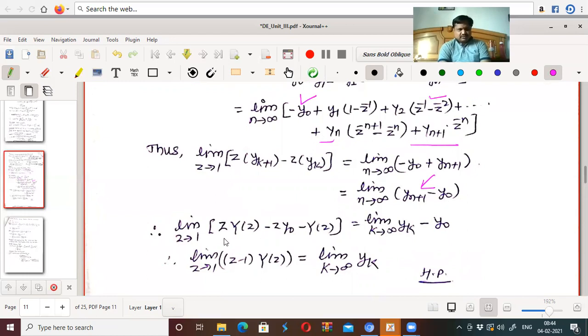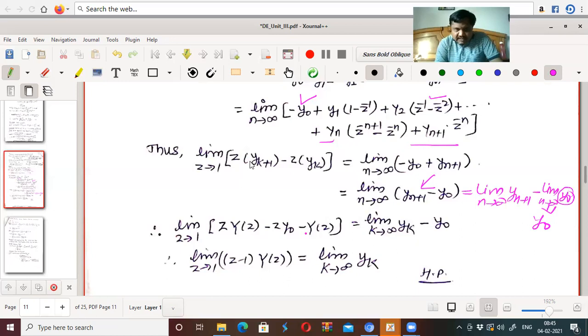Therefore, limit as z tends to 1 of z into capital Y of z minus z into y0 minus capital Y of z equal to limit as k tends to infinity yk minus y0. Why, what are we writing here? Now this becomes limit as n tends to infinity yn plus 1 minus limit as n tends to infinity y0. As y0 is constant, this limit is only y0. Okay, that limit becomes only y0.